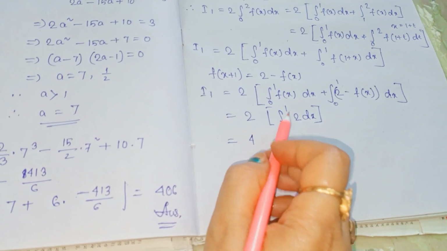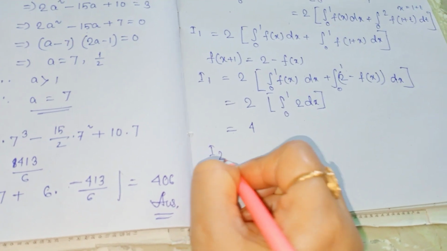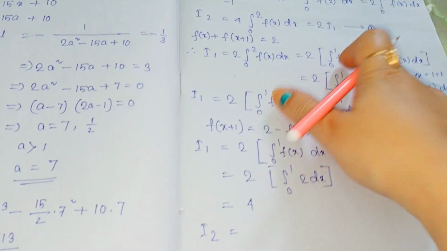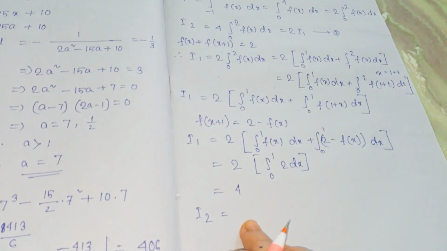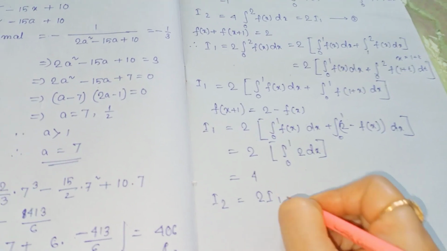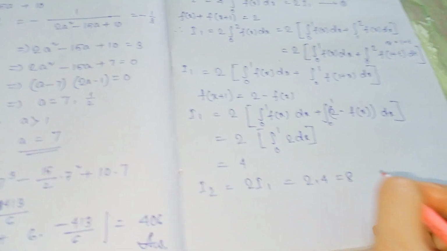Now I2 is equal to what? From equation 3 we know I2 is equal to twice I1. So I2 is equal to 2 into 4, that is equal to 8.